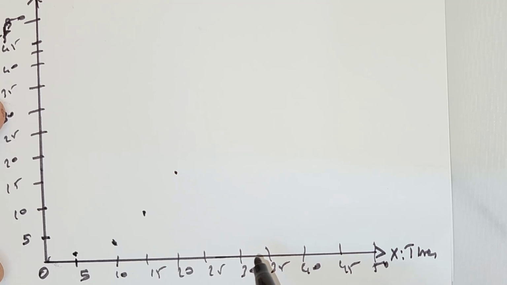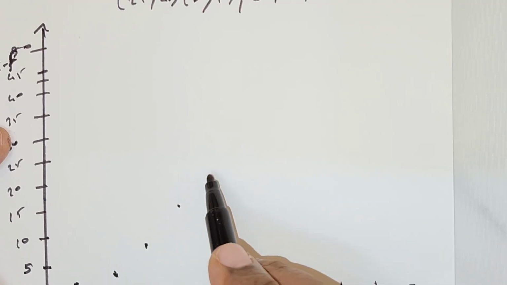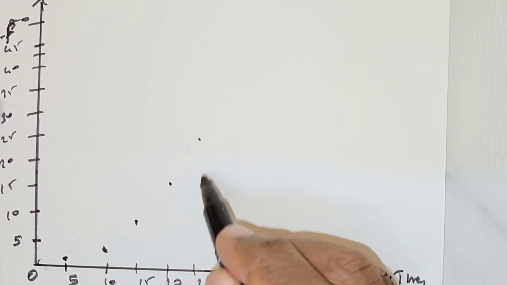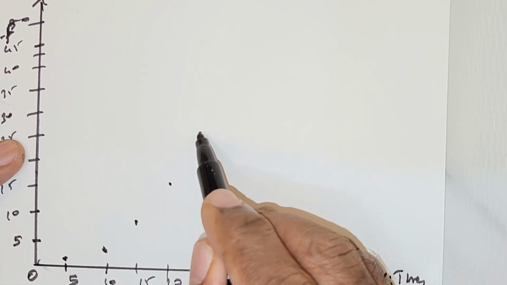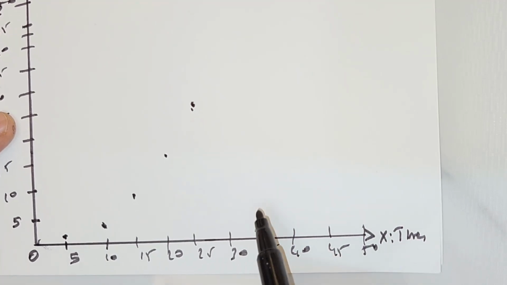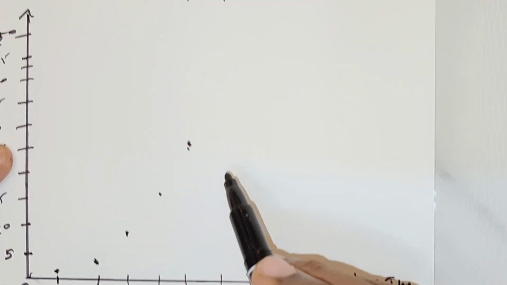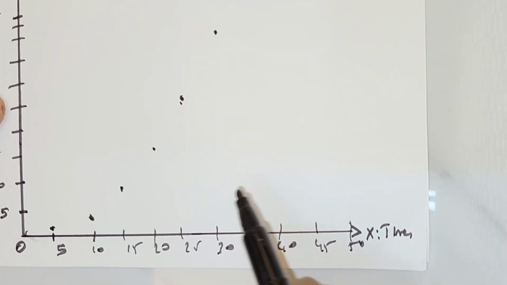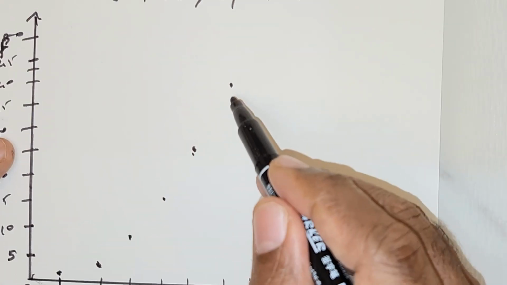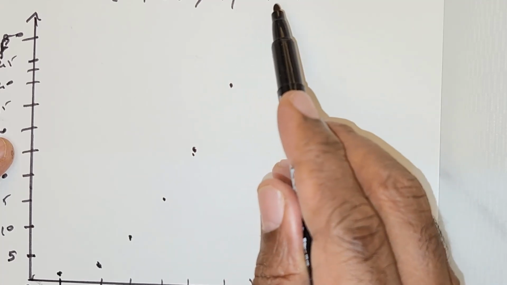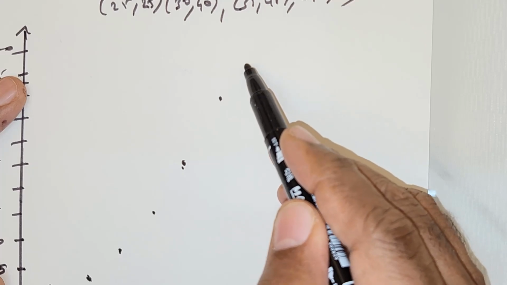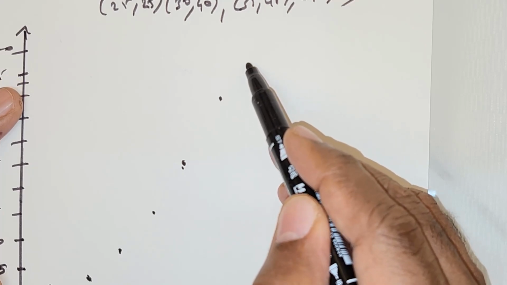Okay. Now 25 minutes, how many students? 25 goes over here. And 30, how many students have completed 30? So 40 students. 30, 40. And 35 minutes, how many students? 48 students have completed 35. Don't go to 50.